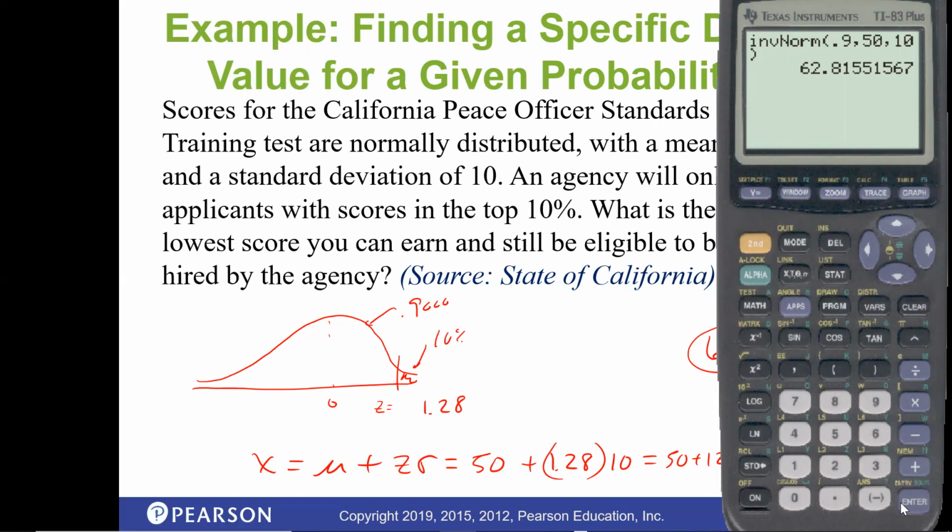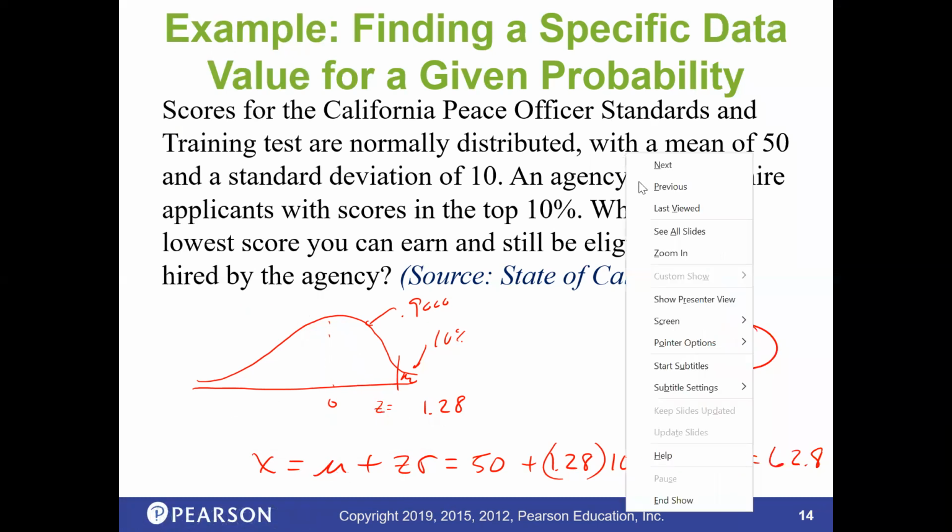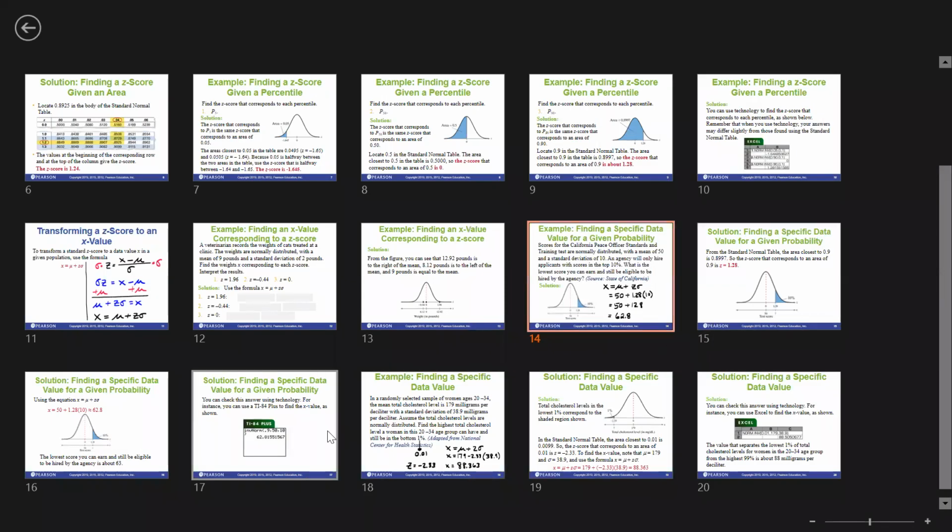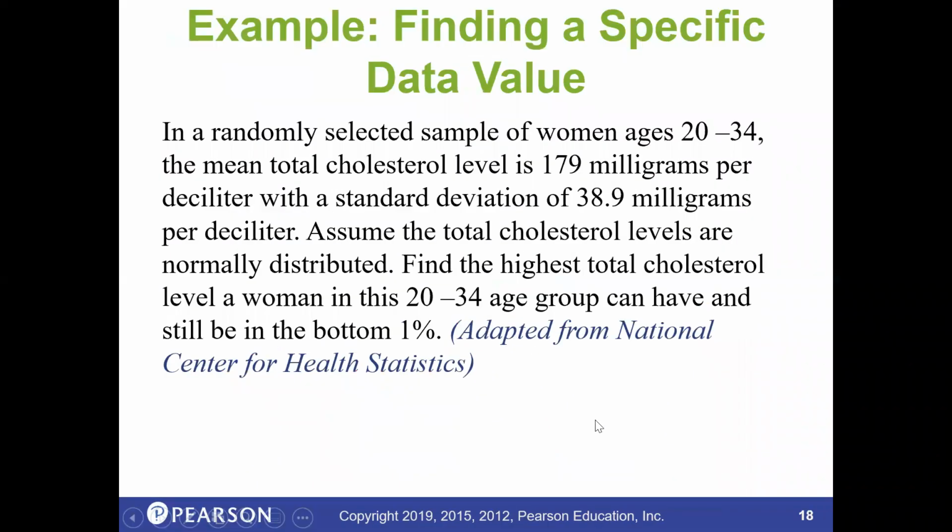All right, with 3 minutes left, I'll give you one more. Can you do it by calculator? Can you calculate this right here? A randomly selected sample of women ages 20 to 34.